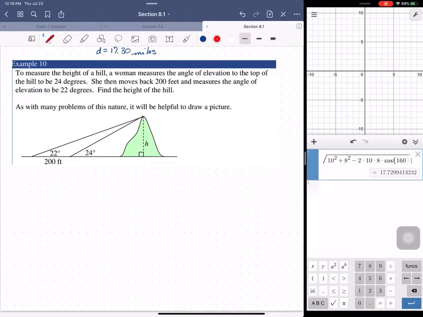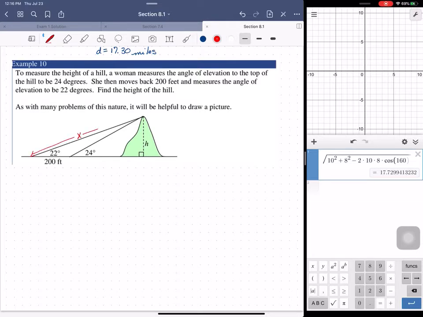But we can do this a different way. Eventually we're going to get to that right triangle trigonometry because that height is the vertical leg of a right triangle, but it would be really nice if we could get this distance here, right?